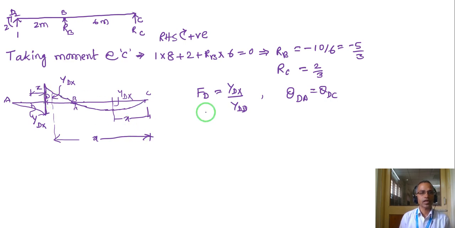Okay. Second, understanding how you get YDD. The YDD is nothing but this YD for the portion D1C.